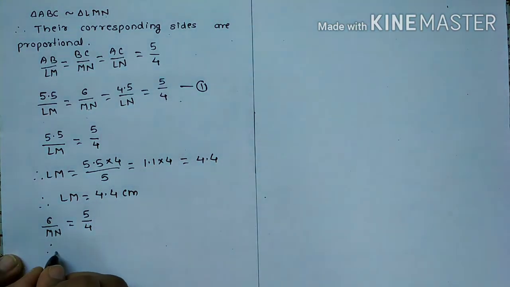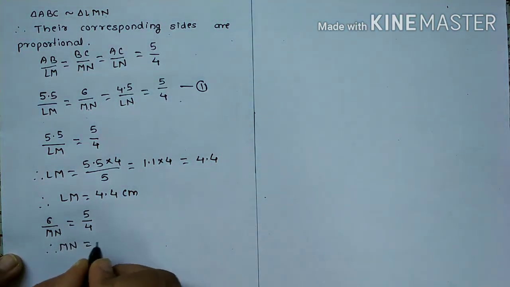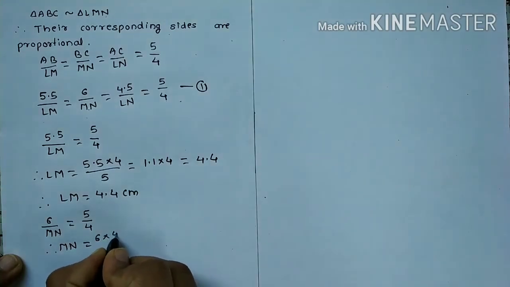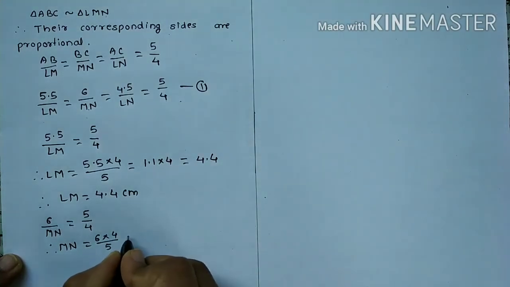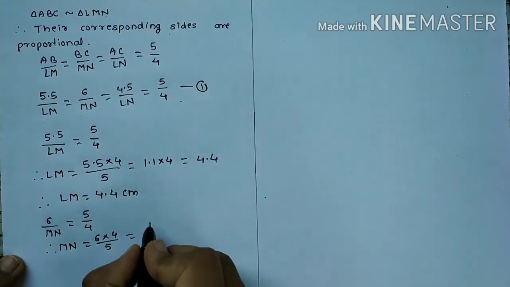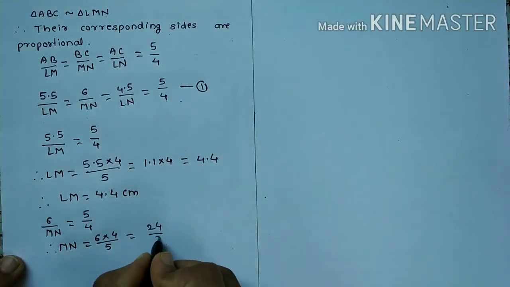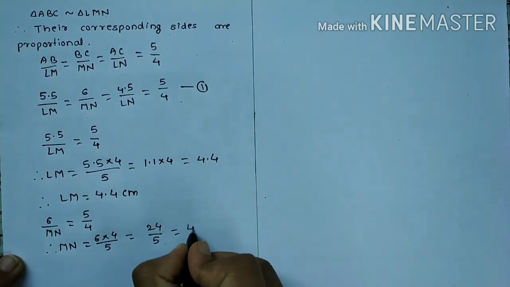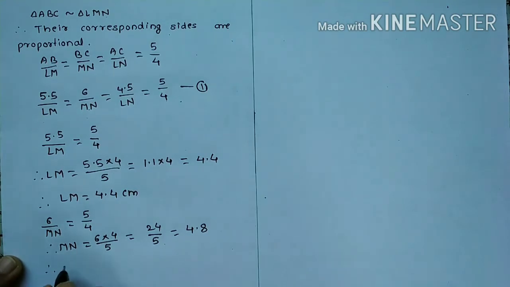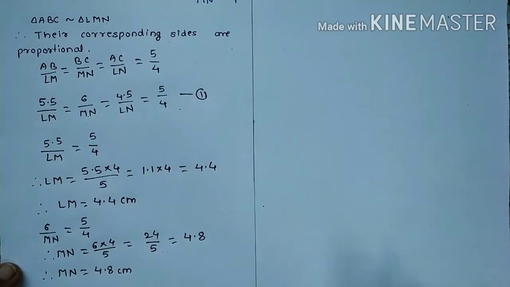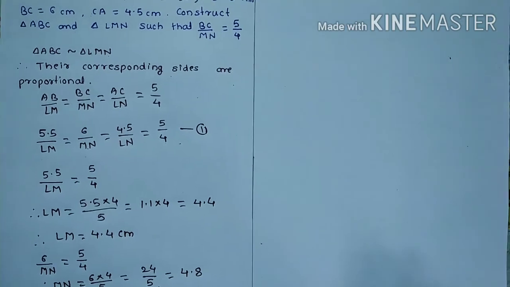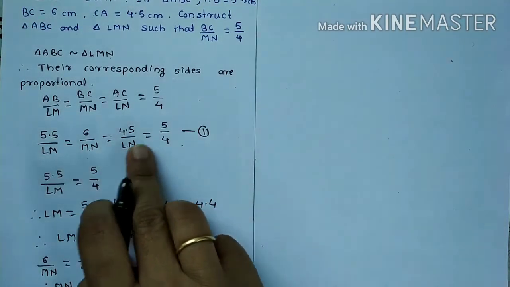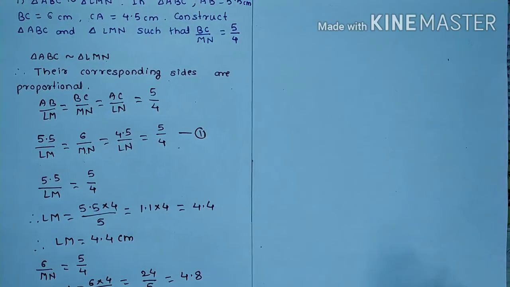Therefore MN equal to 6 into 4 divided by 5. 6 4s are 24 upon 5. After division we get 4.8. Therefore MN equal to 4.8 centimeter.